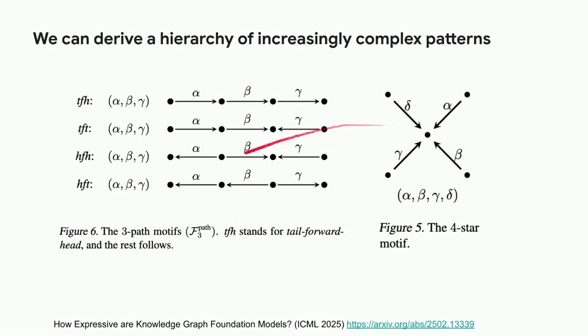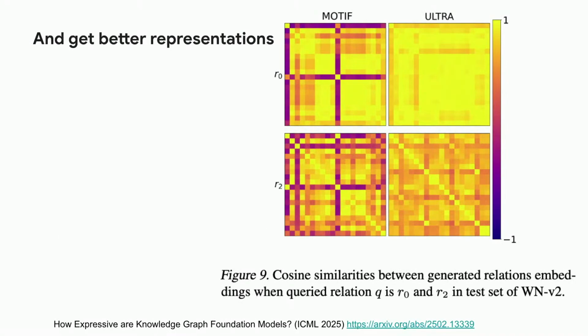Can be like 3-path motifs, can be a 4-star motif, can be motifs of arbitrary complexity. And there what we show is that if you increase the complexity of those motifs, you get provably better expressive models, which work better on theoretical benchmarks and on a practical level too.